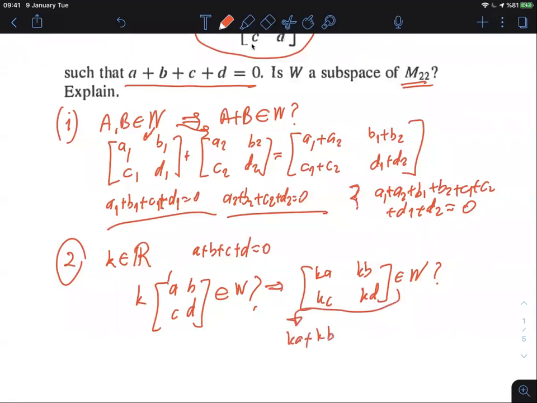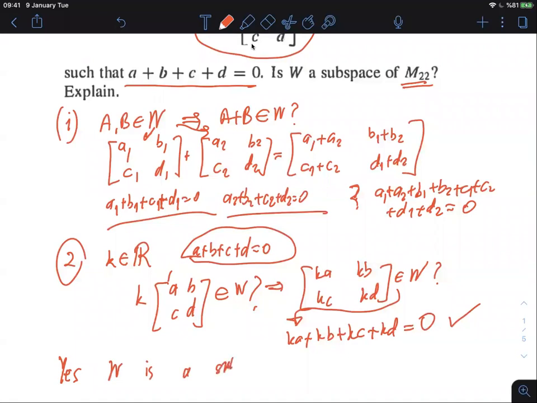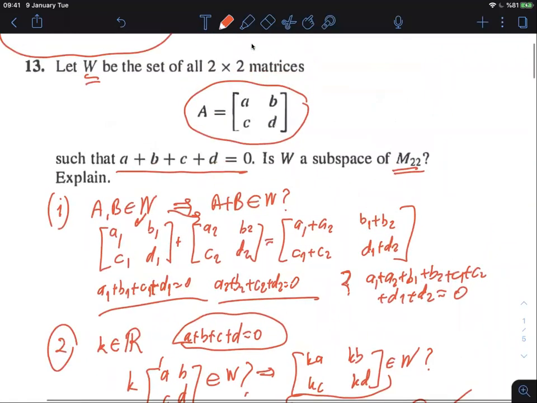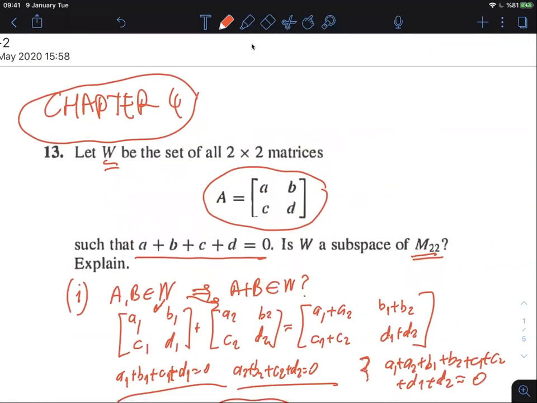The only condition for being in W is the sum of these entries being 0, okay? If they add up to 0, then it's in W. If not, then it's not in W. So for this one, you can easily see that since this condition is satisfied, this condition is also satisfied. So the answer is yes. W is a subspace.